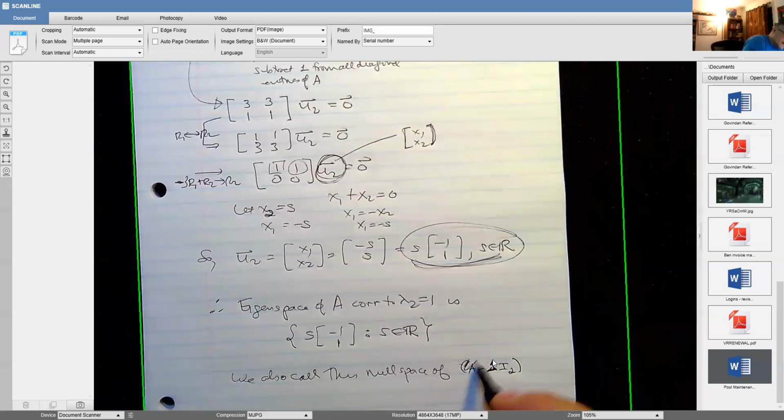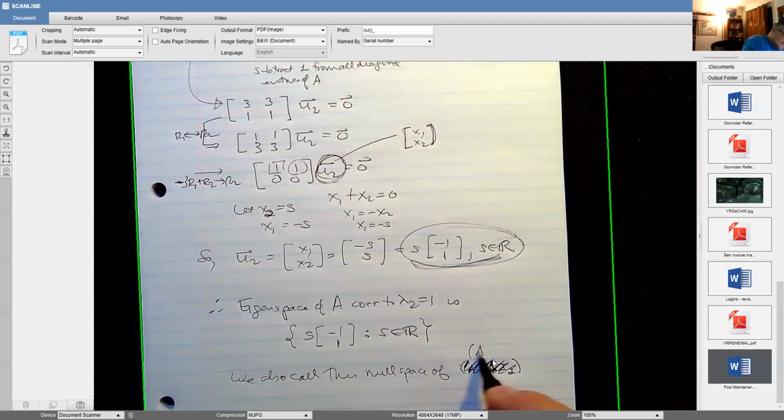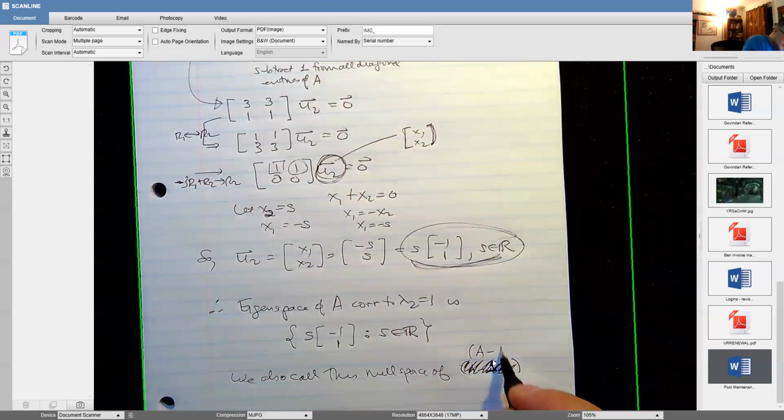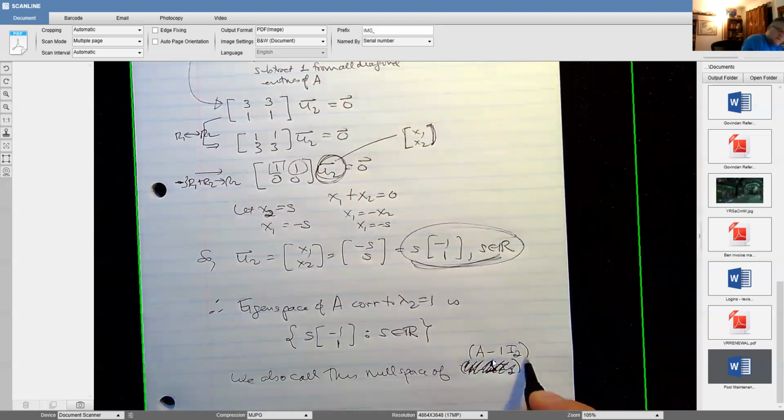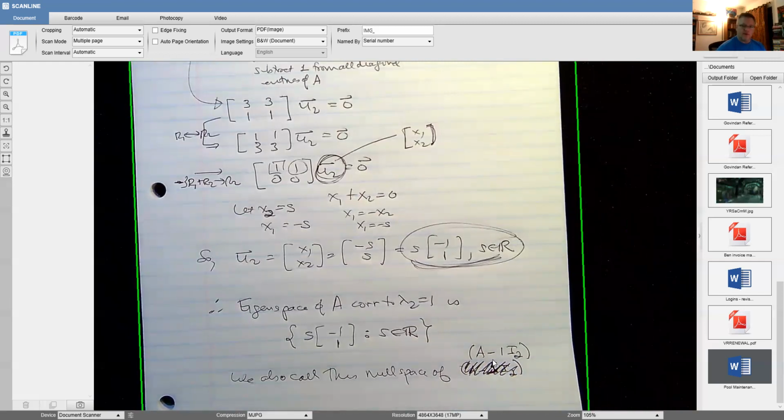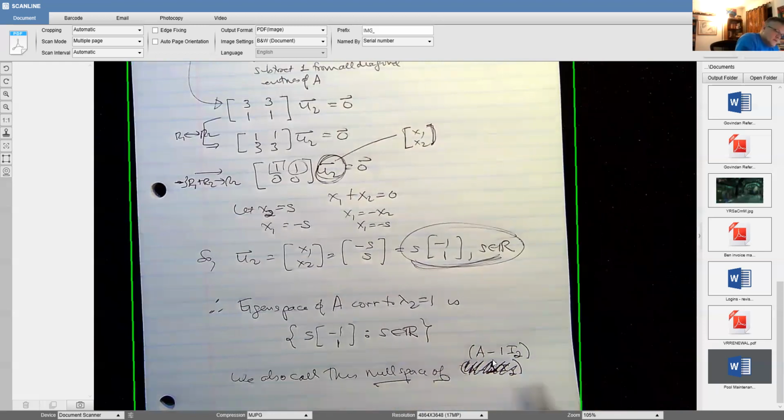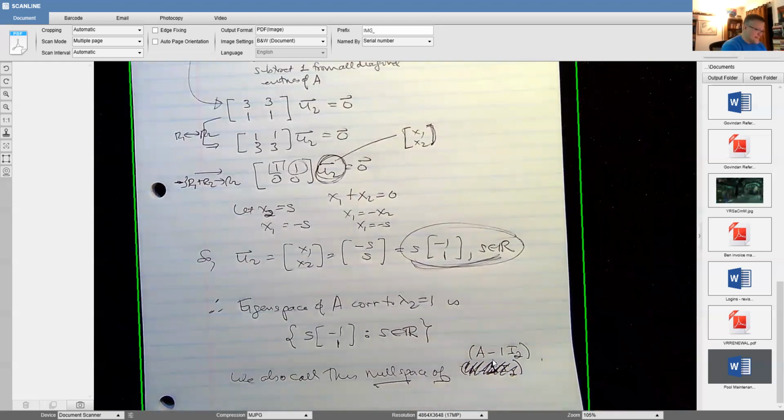Let me write that over. It's A minus the eigenvalue, which was 1, times that appropriate identity matrix. All right. So that is a clean example of going from a matrix with an eigenvalue to finding the eigenspace.